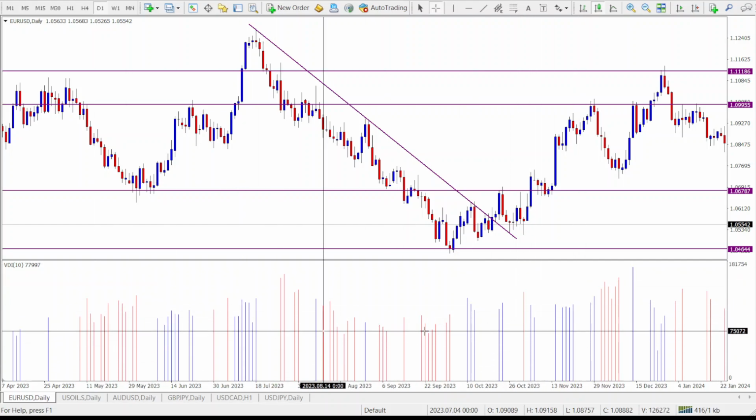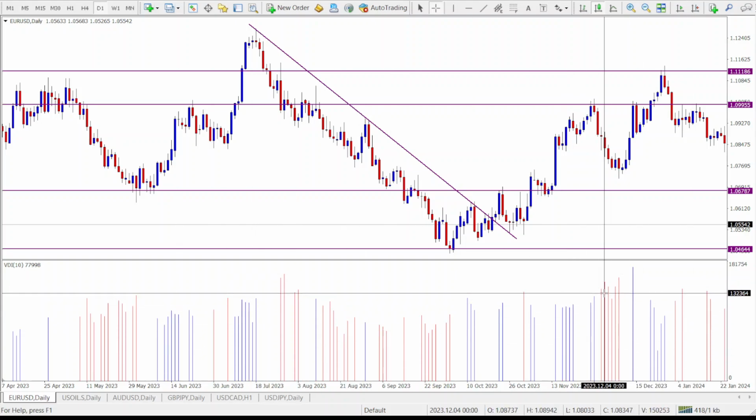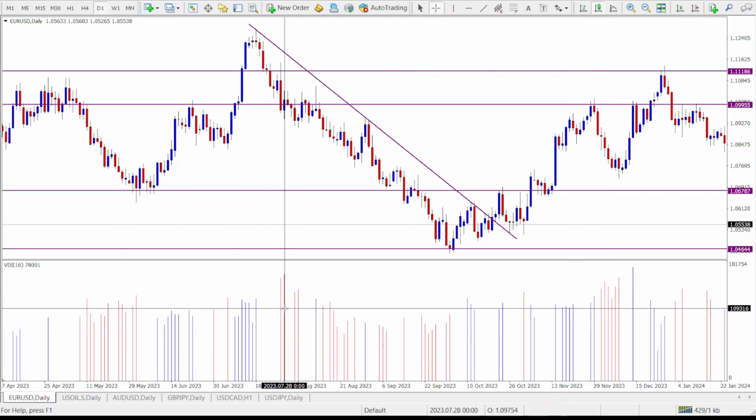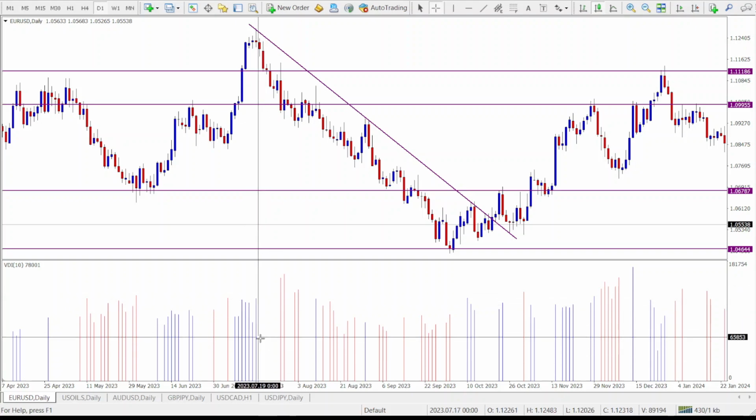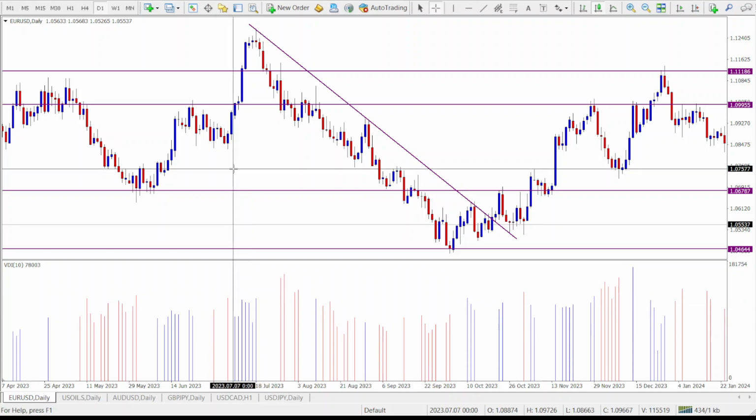In order to avoid the complications of the theory behind the volume divergence indicator, basically just focus on the color codes on the chart. What you are looking out for is when is the right time to buy, when is the right time to sell, when is the right time to enter, when is the right time to exit. So focus on the appearance of the blue lines and the red lines. When the blue lines appear, it's a buy signal.